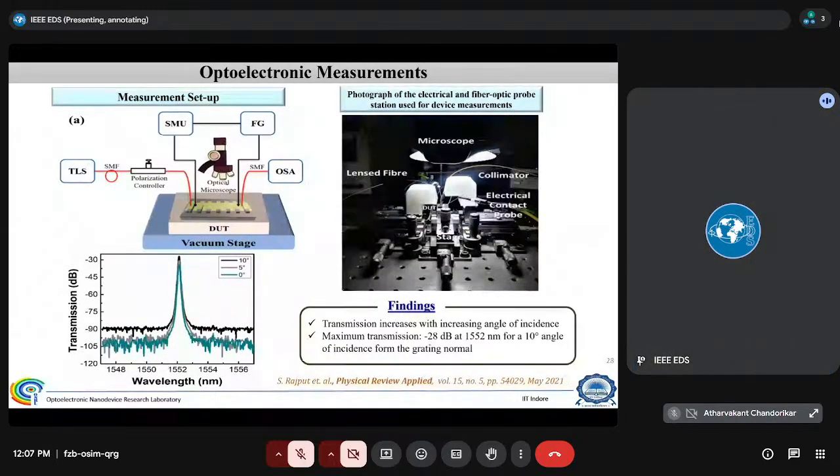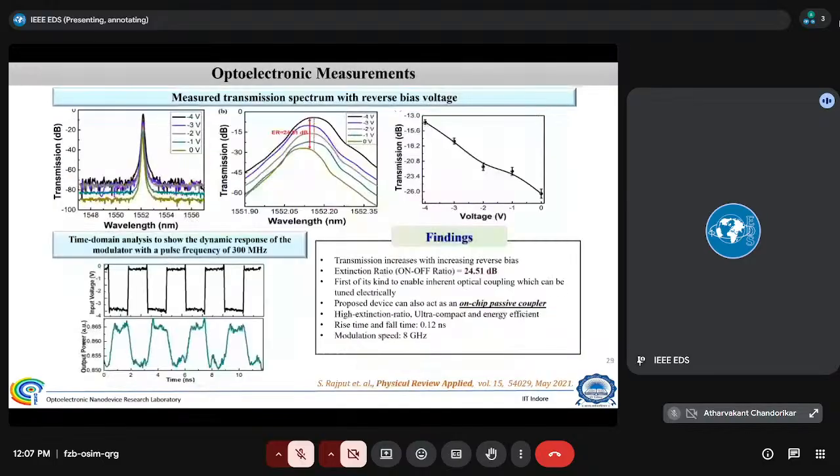Then what we did, we tested it initially. We tested what happens when you are shining the light from the fiber to the chip. What happens when you vary the angle of the fiber incidence. So from 0 degrees to 10 degrees, you have certain degradation in the optical transmission, but it is still acceptable. Then we went ahead, we tested its modulation characteristics.